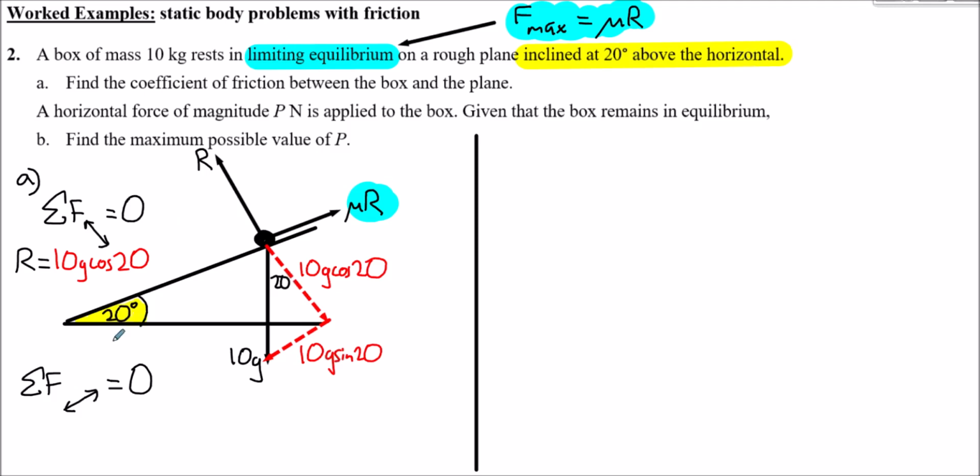So now thinking about parallel to the slope, going up the slope is just mu R. And now we know what R is, we can say that's equal to mu times 10g cos 20. That must be equal and opposite to the component of the weight going parallel and down the slope, which is just 10g sine 20.